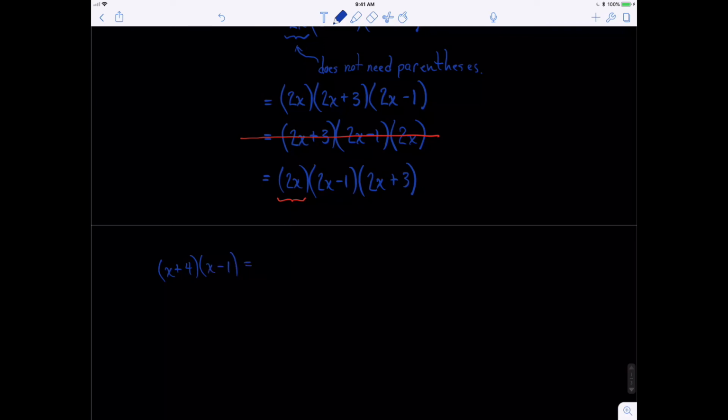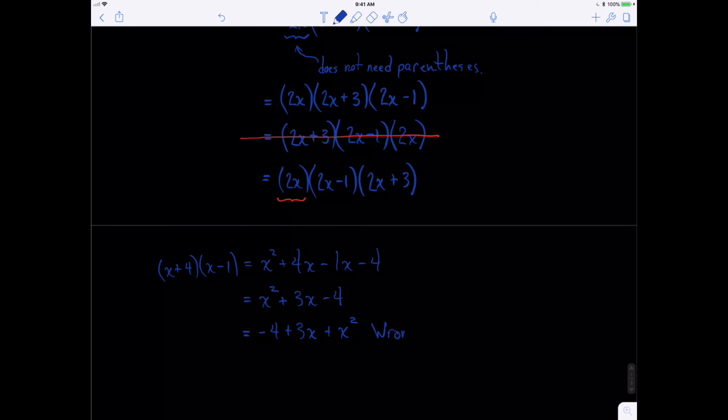Now, we would distribute this, and I'm going to do this kind of quickly, but you would have an x squared plus 4x minus 1x minus 4. You would combine your like terms as x squared plus 3x minus 4. Now, technically it's okay to write this as negative 4 plus 3x plus x squared. However, you would get this answer wrong.